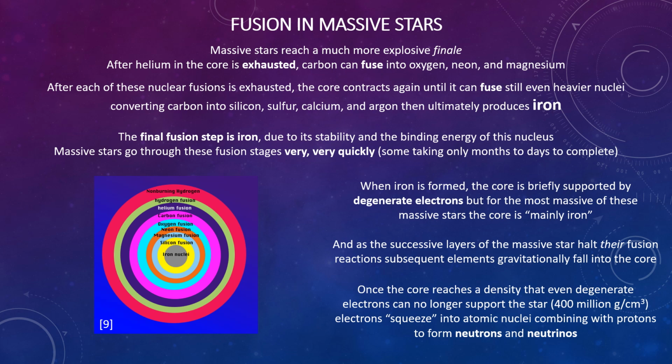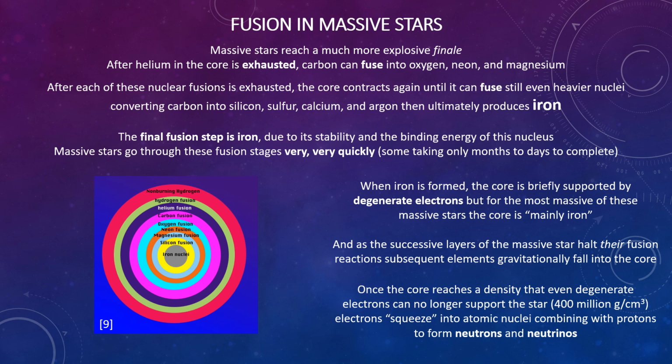So very massive stars that are 5 times the mass of our sun or greater will have lots of different types of fusion in their layers. And when massive stars reach the end of their life cycle, they have violent, explosive finales.